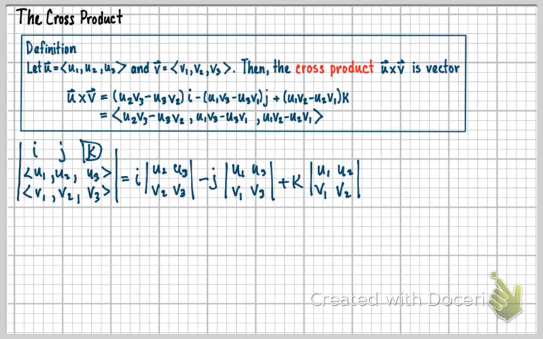Now to find the determinant of a 2 by 2 matrix, I take these two here, multiply them, and subtract the product of these two. So what that looks like is, I'm going to keep my I here, and I'm going to have U2 V3 minus U3 V2.